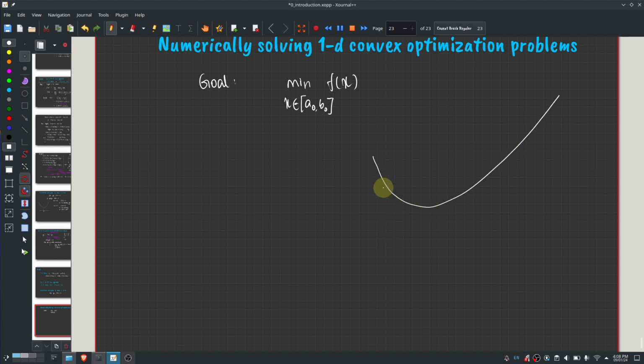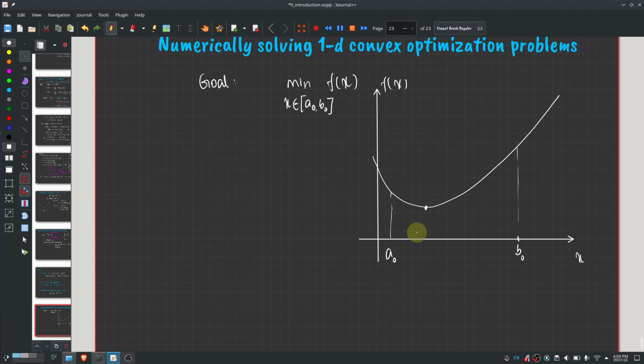Again, we're given some kind of a function that may look like this. This is my x, this is my f of x, this is maybe my a0, and this is b0, and this is the point of minimum.